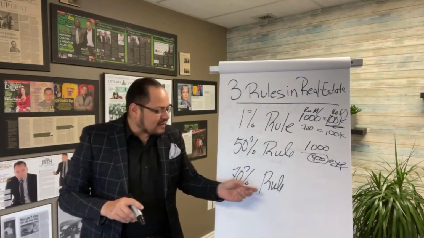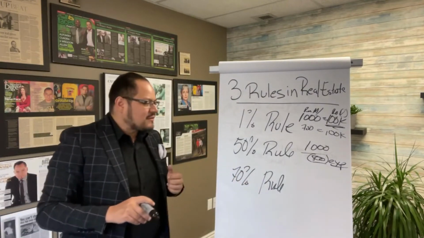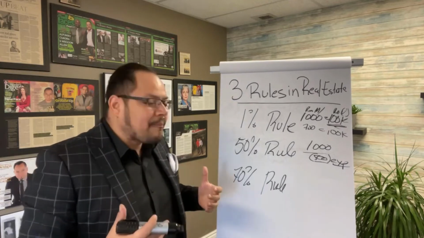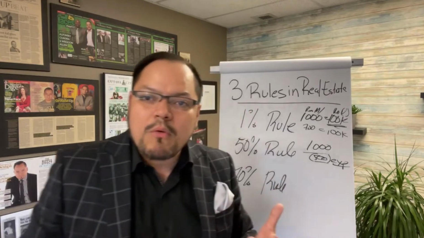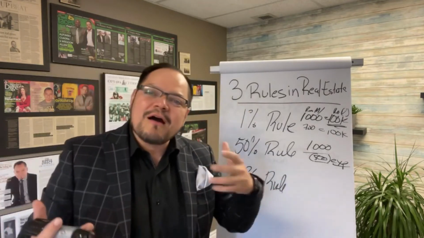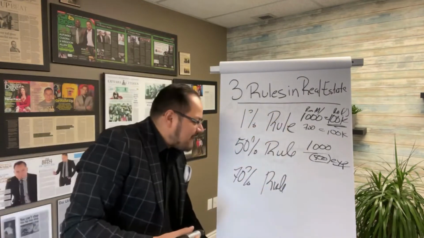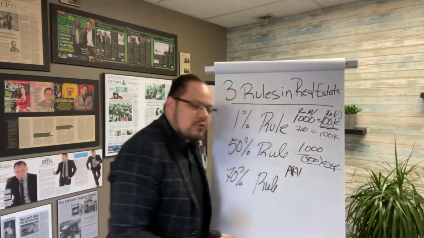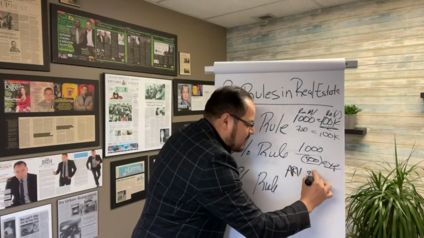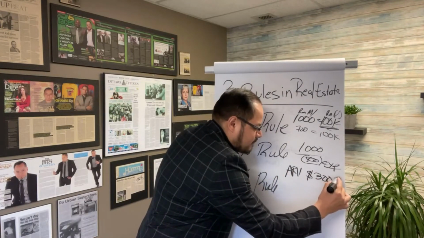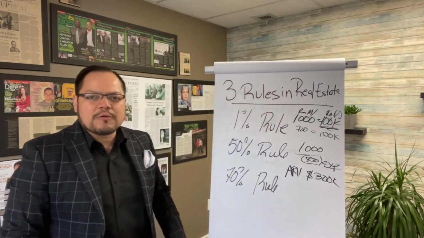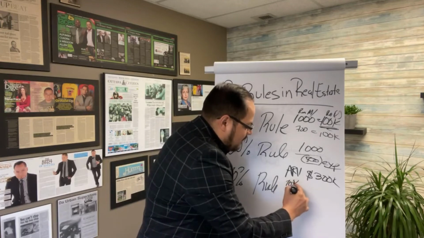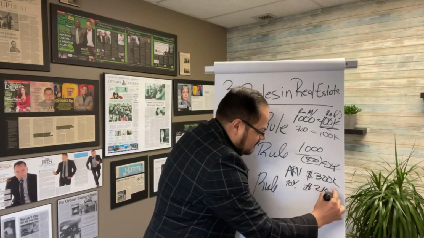But the 70% rule says that when you're flipping a property, you should not pay more than 70% of the ARV. For example, if the after repair value is $300,000, that means that 70% of that would be around $210,000, right?